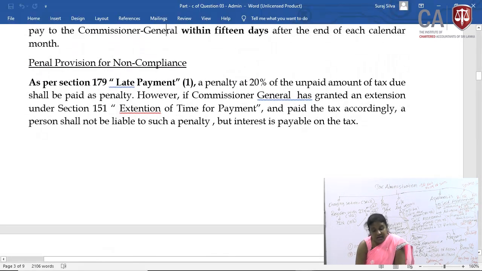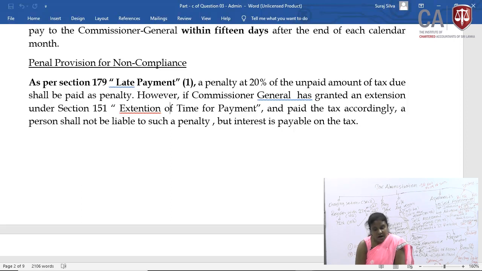And if it has not been done, what is the penal provision? It's in section 179, late payment, section 179 subsection 1. A penalty at 20% of the unpaid amount of tax due shall be paid.